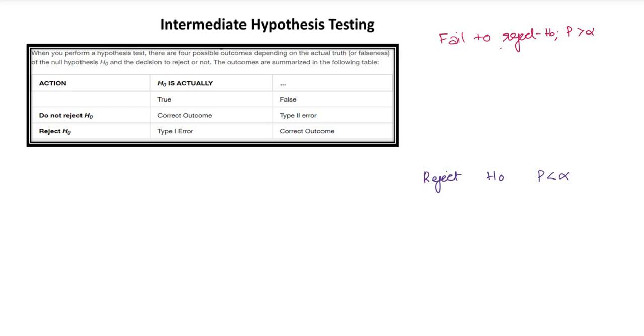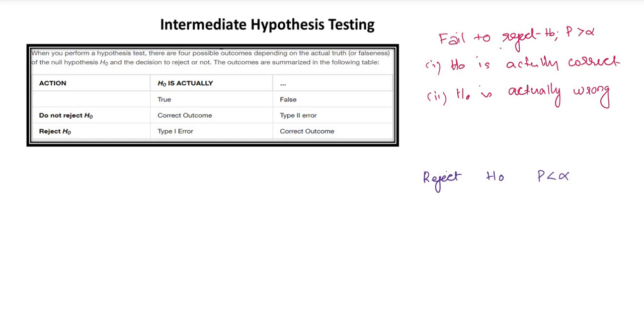So two possibilities: we fail to reject H naught when H naught is actually correct, or we fail to reject H naught when H naught is actually wrong.